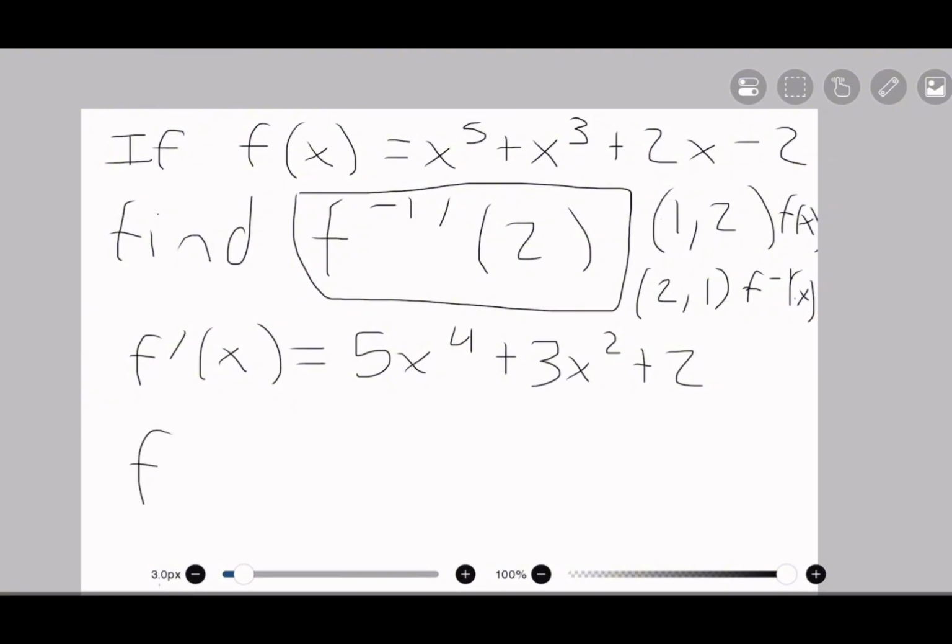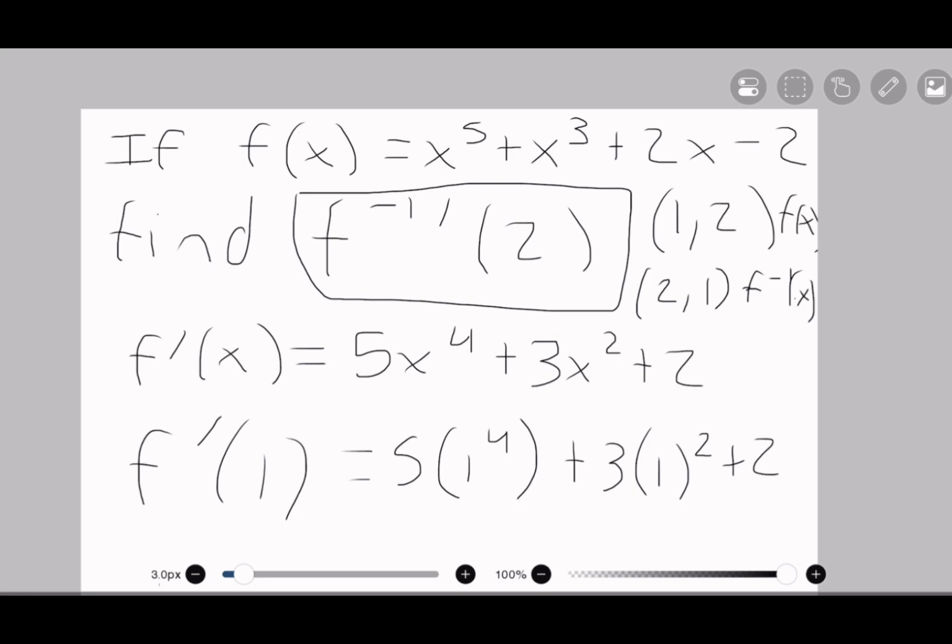Plugging in 1, that's going to give us 5 times 1 to the 4th plus 3 times 1 squared plus 2, which is really just going to equal 10.